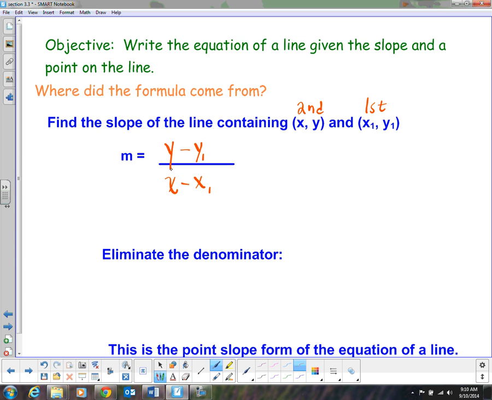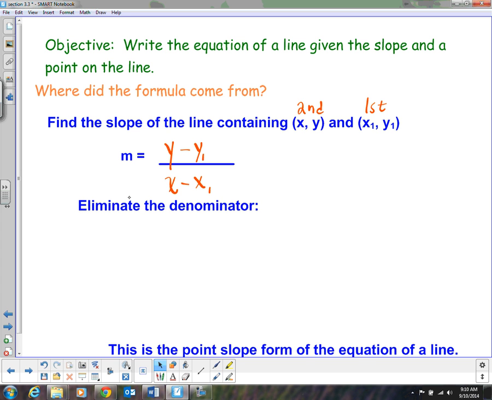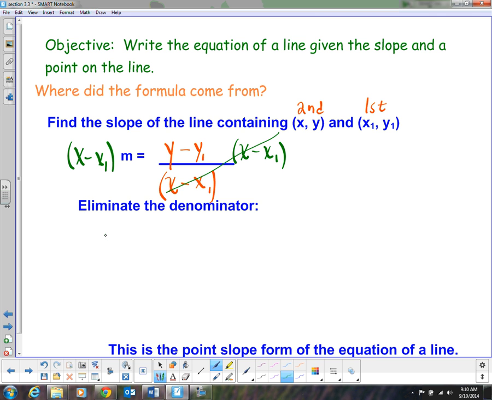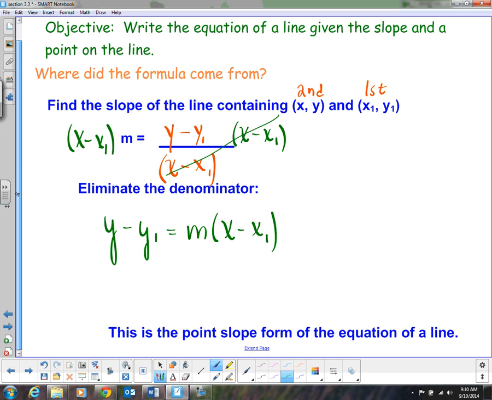So now how do I get rid of this denominator? Multiply both sides by x minus x1, right? So those are gone. I'm going to put the y's on the left. y minus y sub 1 is equal to slope times x minus x1.